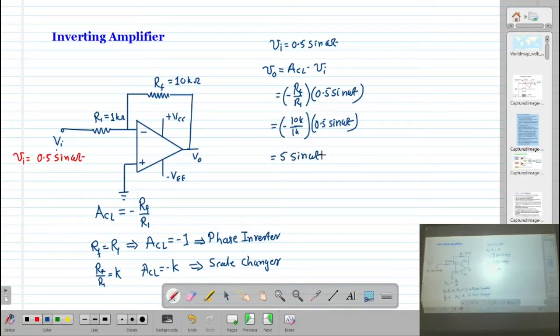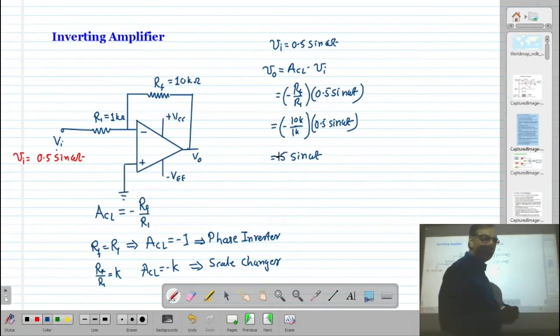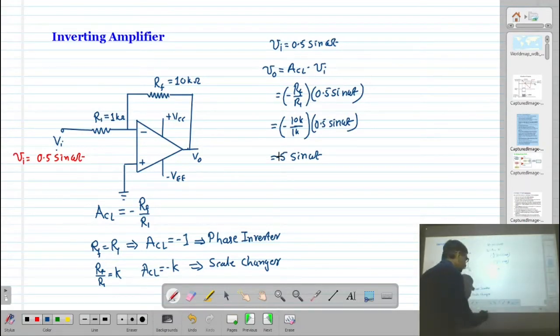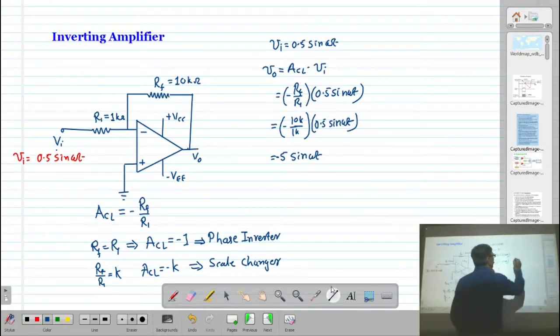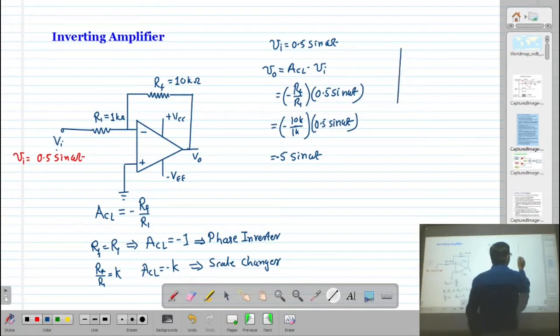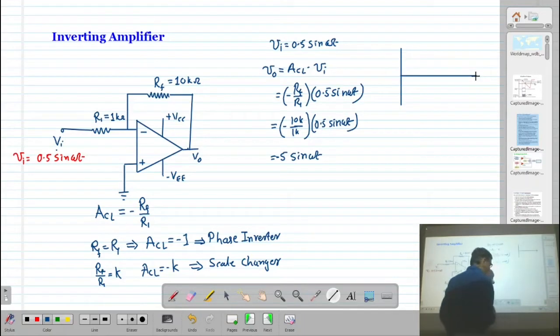If we see the waveform for the input and the output, it will be like this. Correct?